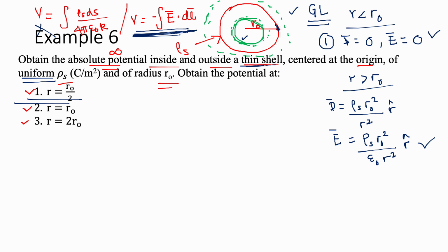So the VA for the first question, when r equals r naught over 2, is equal to negative integration of, since absolute potential starts from infinity, so your A is equal to r naught over 2, E dot dl. So what is our E?